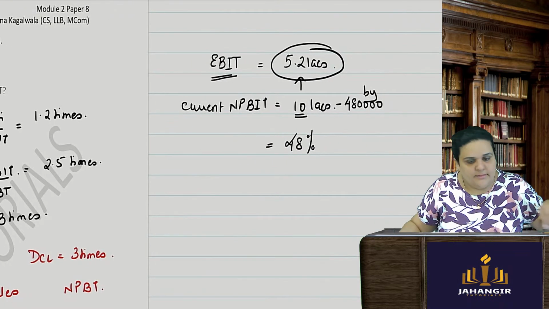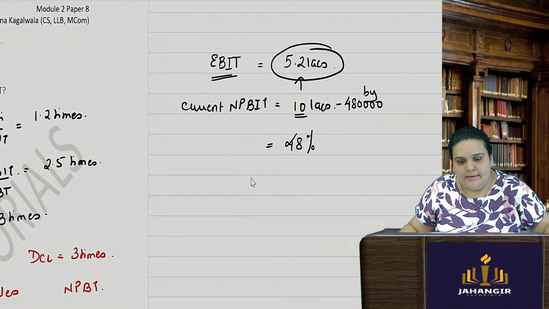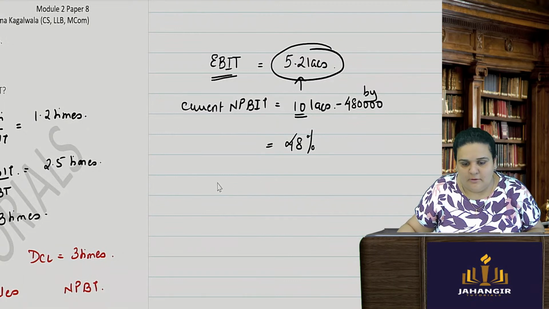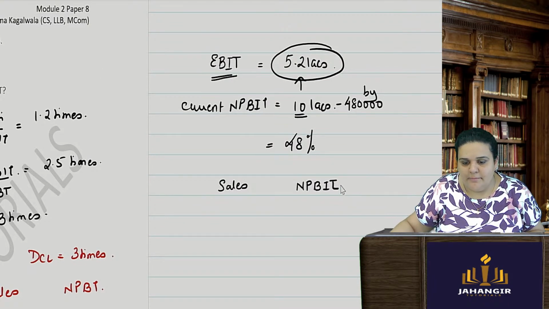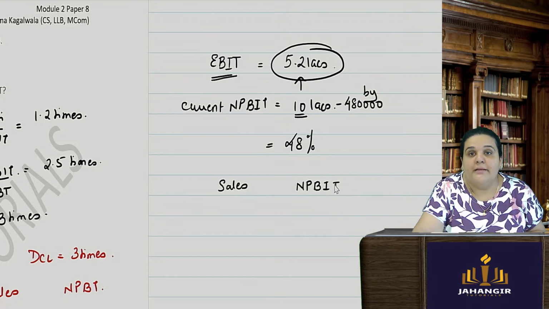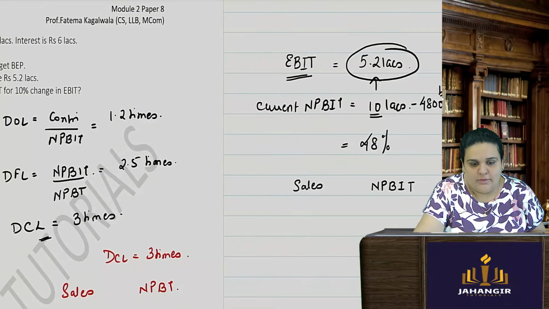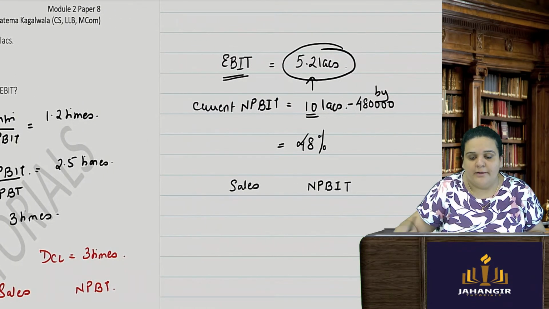Now again the same concept, NPBIT and sales they are asking. So between sales and NPBIT, I am going to use the degree of operating leverage. Operating leverage is 1.2 times.